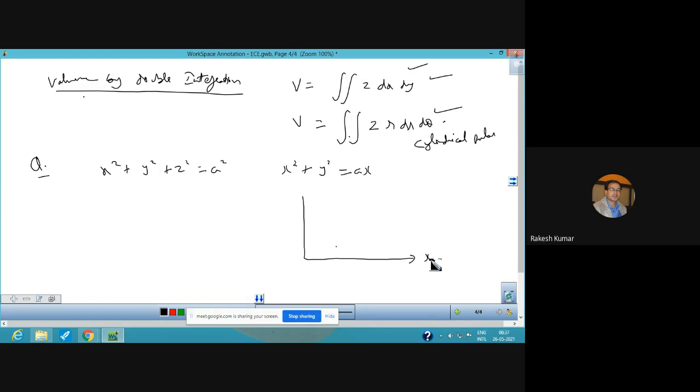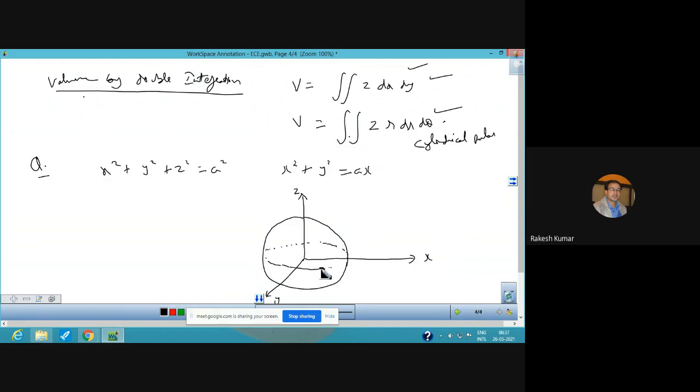So this is your x-axis, this we have taken as the z-axis, and this is your y-axis. This is a 3D figure, and obviously it will have circular shapes from the inside.